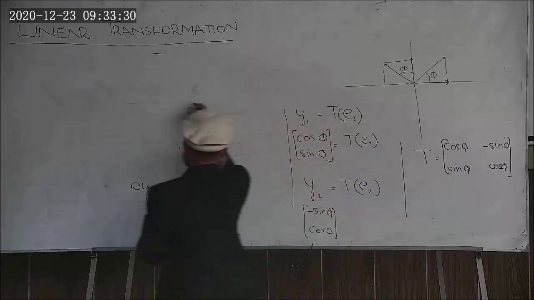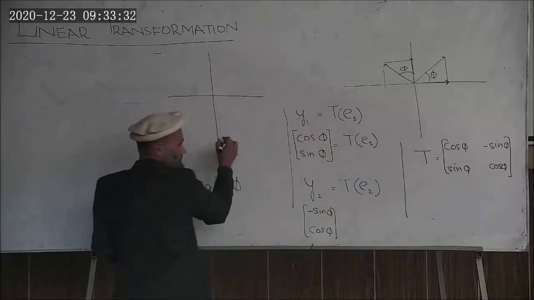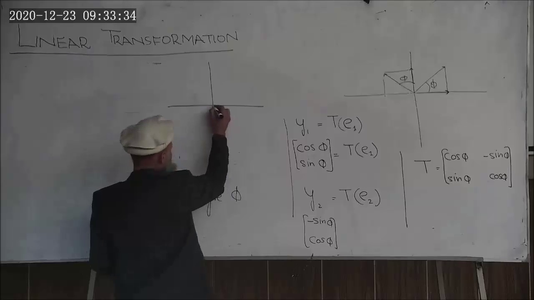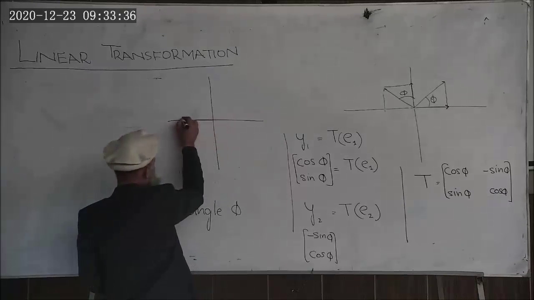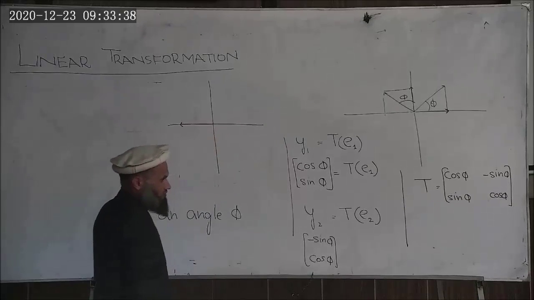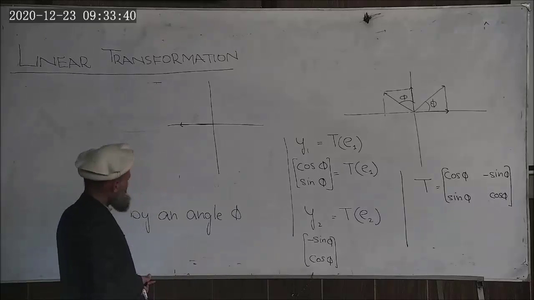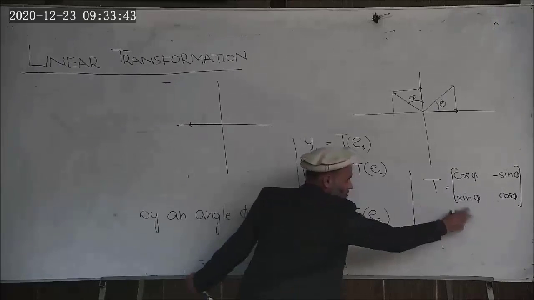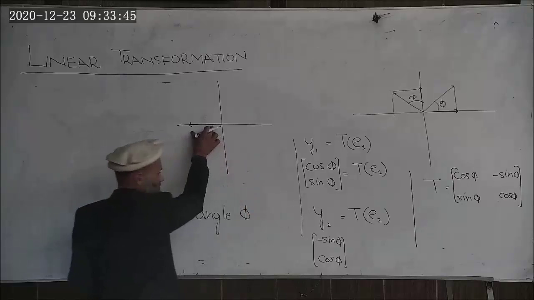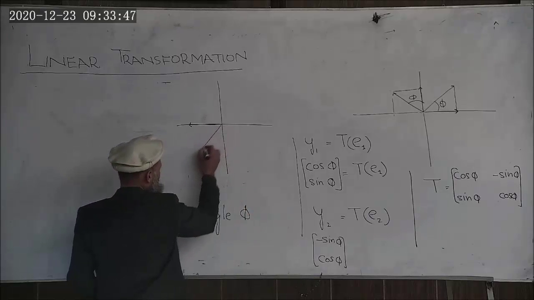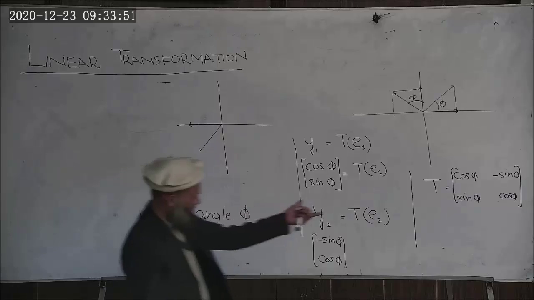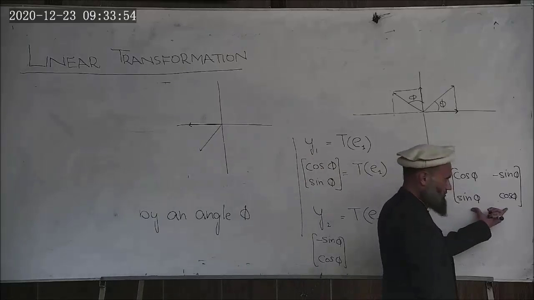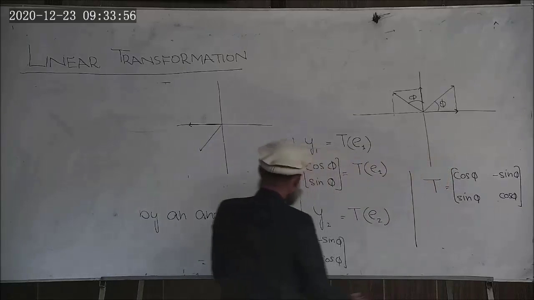If we have, for example, this vector, this transformation will rotate this vector by an angle of phi. Let's verify whether this transformation rotates it.